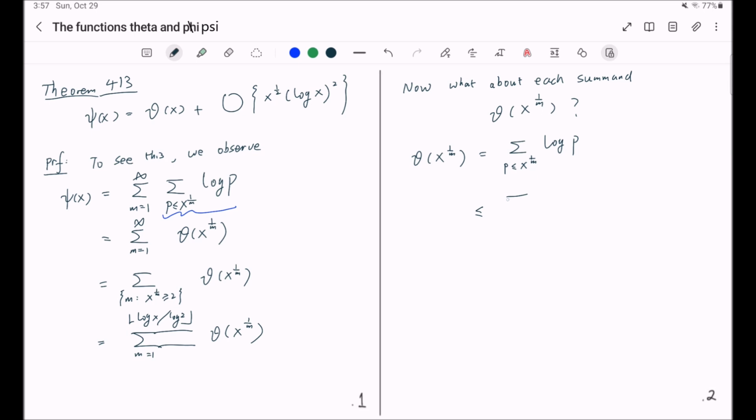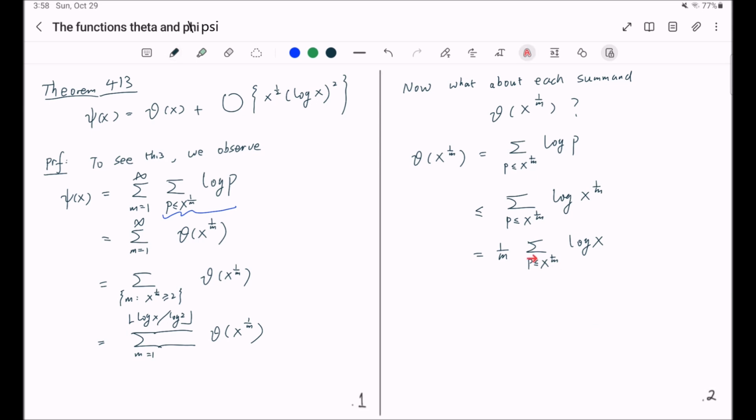And we're going to upper bound this by majorizing each summand log of p to log of x to 1 over m. And this is really just a dumb sum of log of x for all primes less than or equal to x to 1 over m.